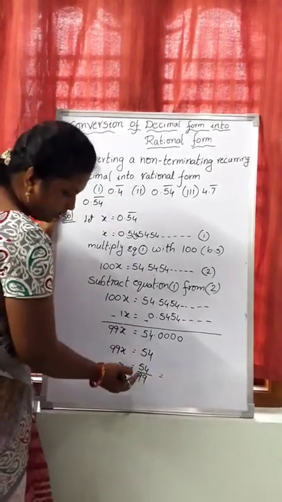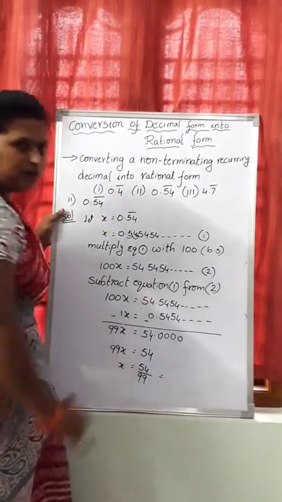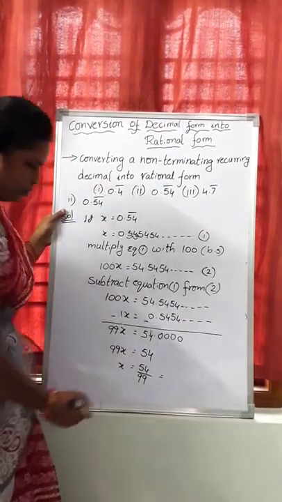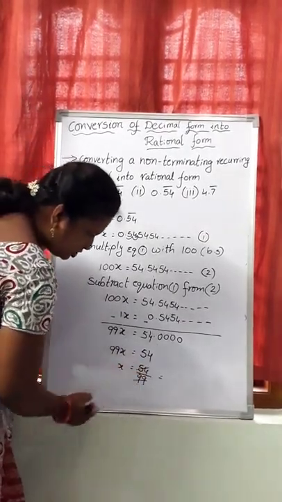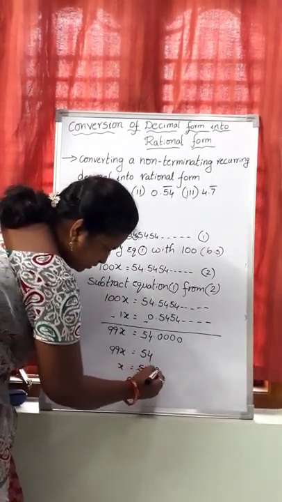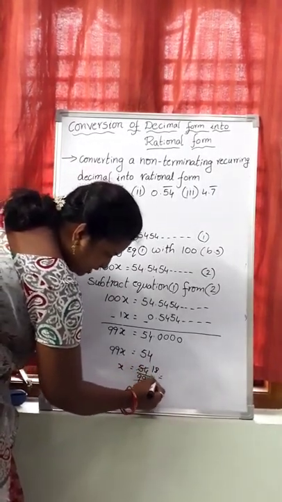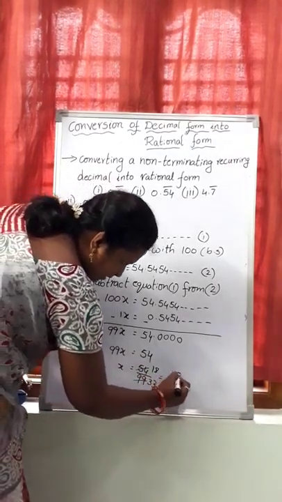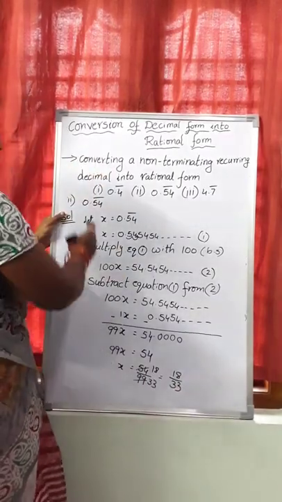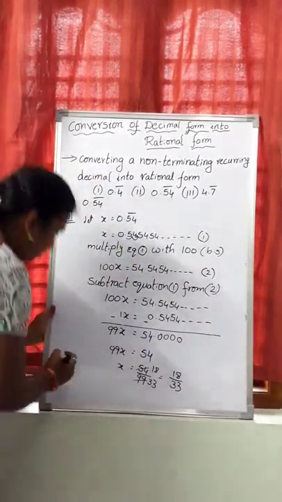See this one by observing this. We can say that 5 plus 4 is 9 and 9 plus 9 is 18. 3 table goes on in both the numbers. So we can do the cancellations with the 3 table. 3 ones are 3, 3 8s are 24 and 3 3s are 9, 3 3s are 9. We will get 18 by 33. Now what is x? 0.54, no?